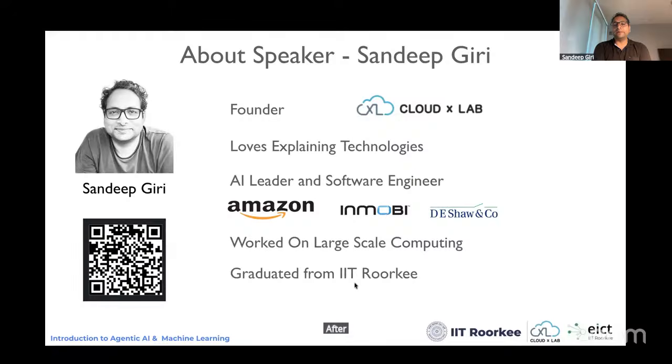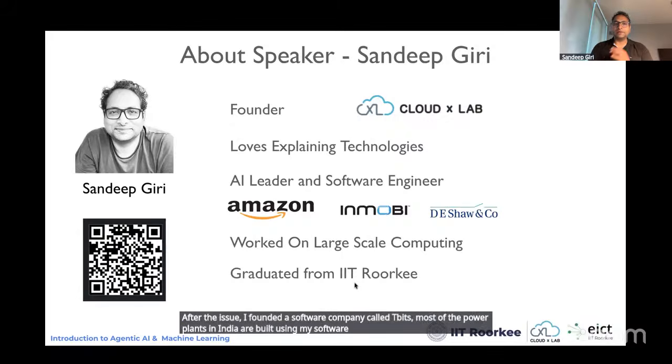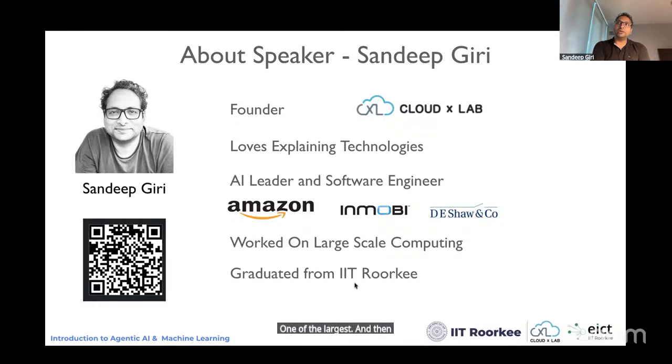After DE Shaw, I founded a software company called T-Bits. Most of the power plants in India are built using my software. Afterwards, I worked with InMobi, building one of the largest recommendation systems of the time. Then I worked with Amazon, on Amazon's detail page from which you do the buy now for a phone.